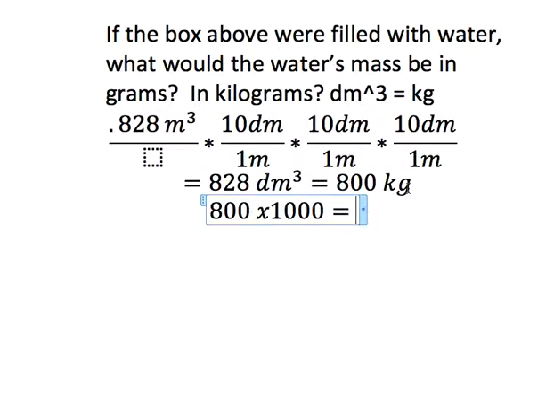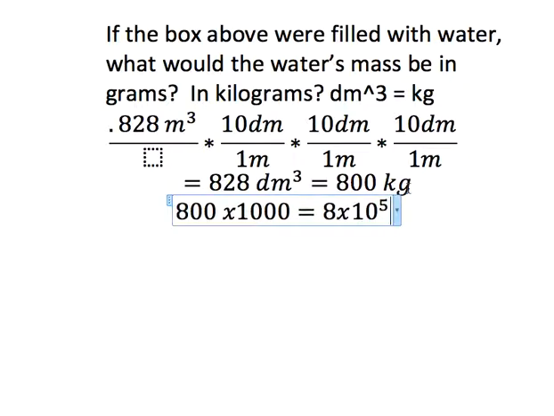And this is where I am going to ask you to use scientific notation. Anytime you're really going out more than 3 zeros in either direction from the decimal point, then I'm going to ask you to do that. So this is 8 times 10 to the 5th grams.